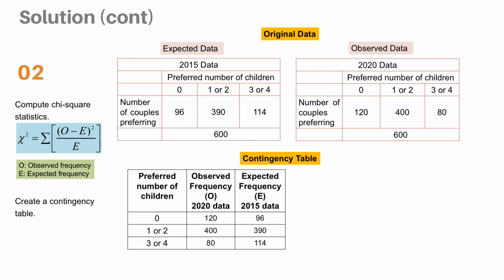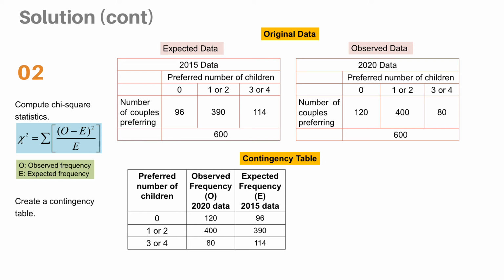The contingency table for goodness of fit test is actually much simpler than that in the independence test. So here, the categorical variable is the preferred number of children, and there are 3 levels of the preferred number of children: 0, 1 or 2, and 3 or 4.